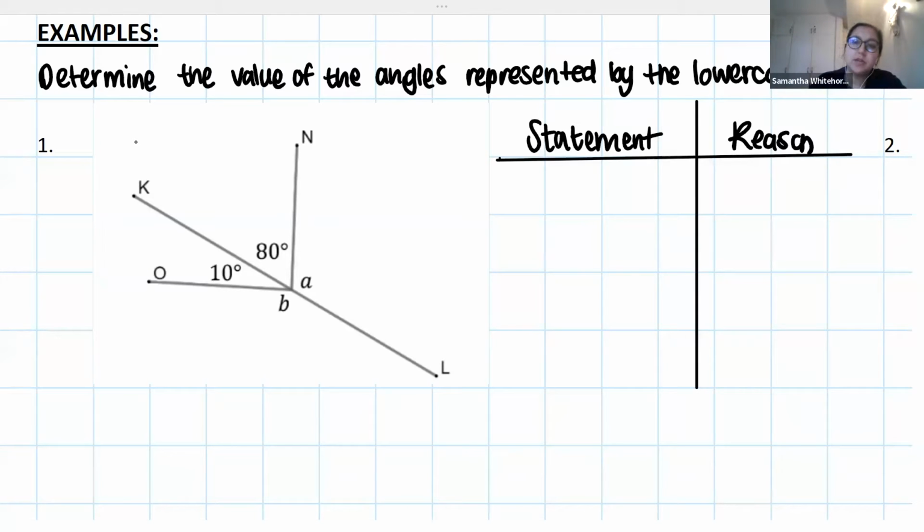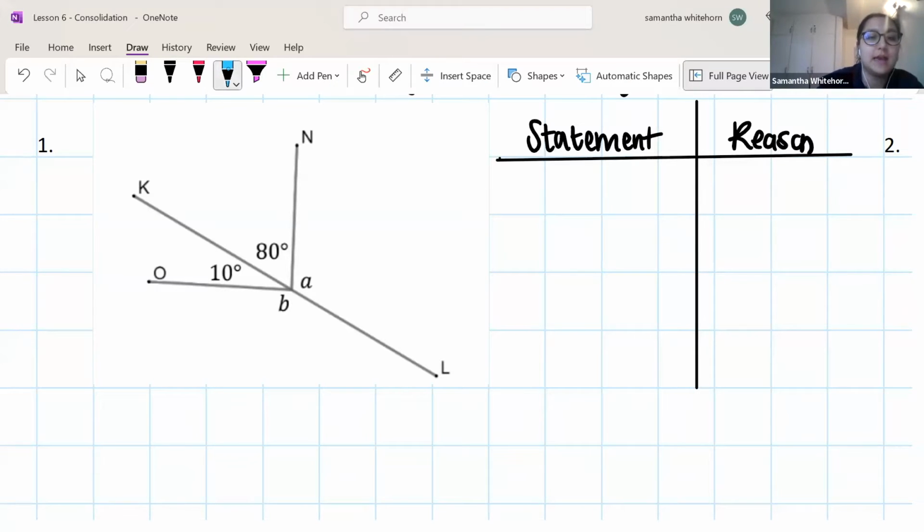Exactly like people are doing on the chat, answer and reason. And remember, you are looking for both A and B.